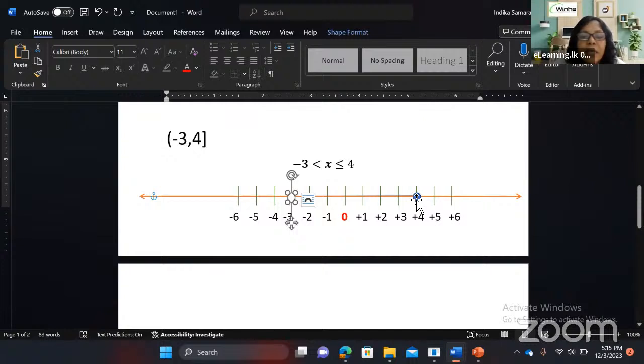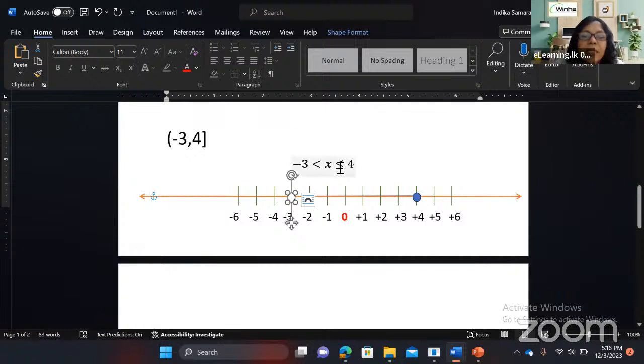whether it is empty or not depends on the equal sign. If it is a closed interval or closed value, then it should be colored, or else the circle should be empty. Right?